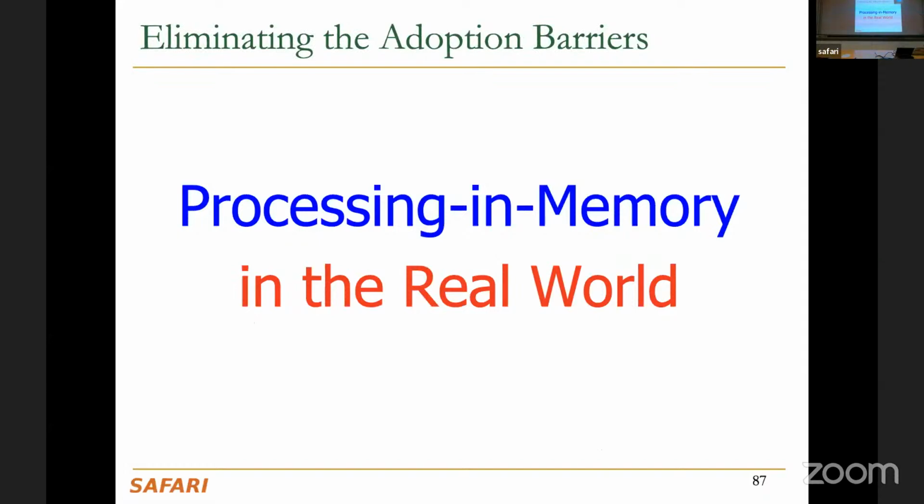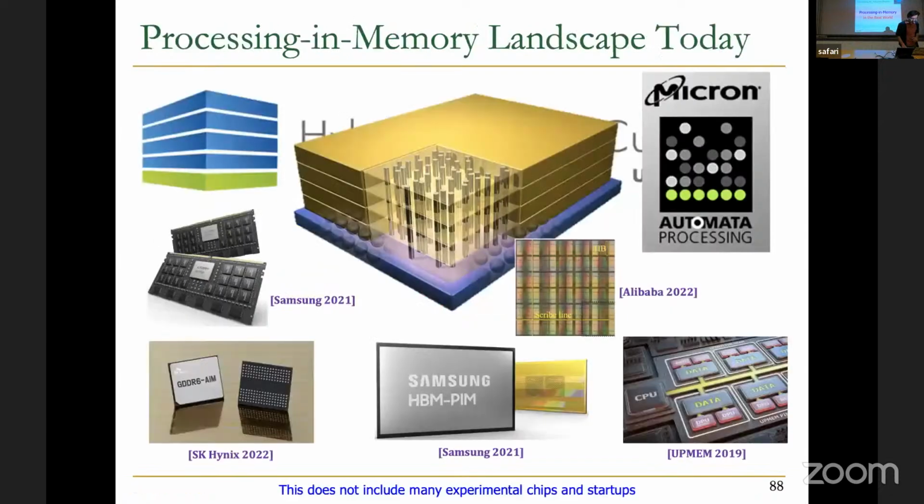Processing in memory is becoming real. These previous two works are examples of academic research, but processing in memory is becoming real. After years and years of academic research and also research in industry, we start to see the first processing in memory systems.